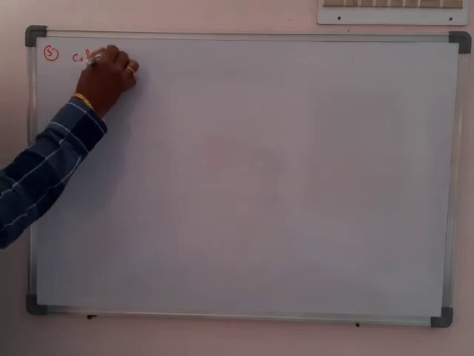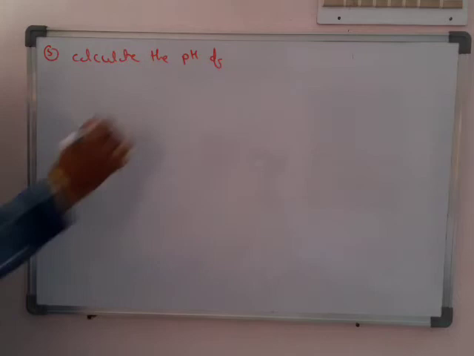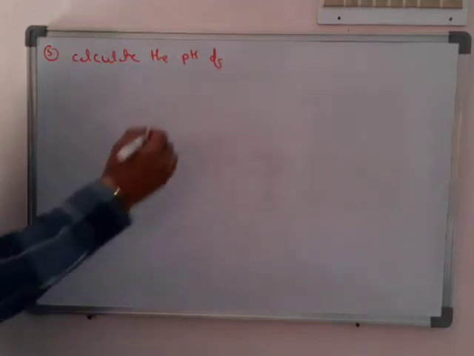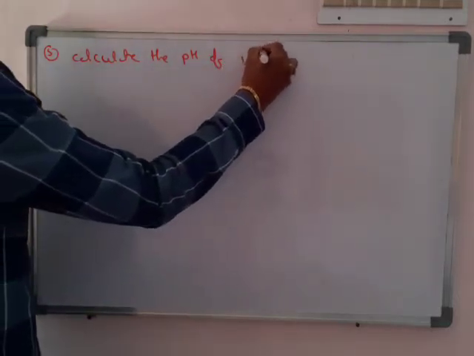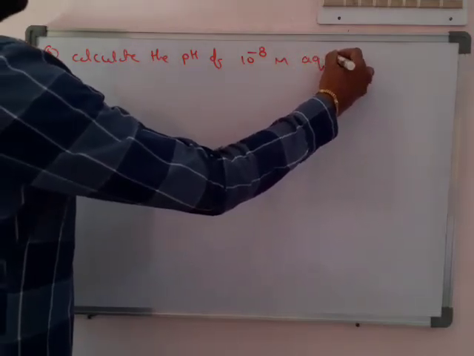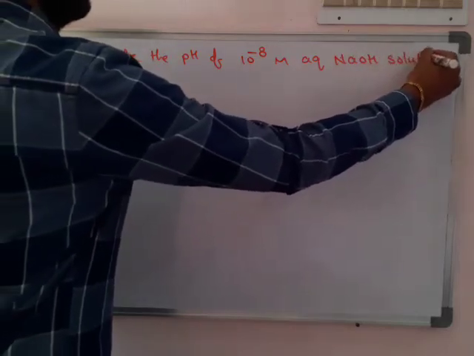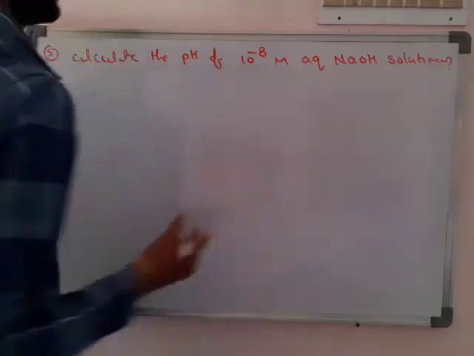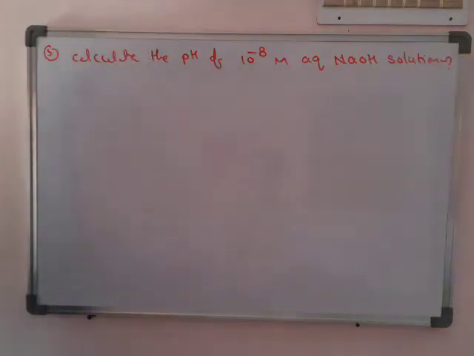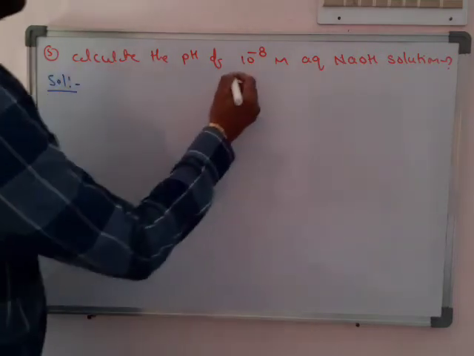The problem is: calculate the pH of 10 to the power of minus 8 M aqueous NaOH solution.